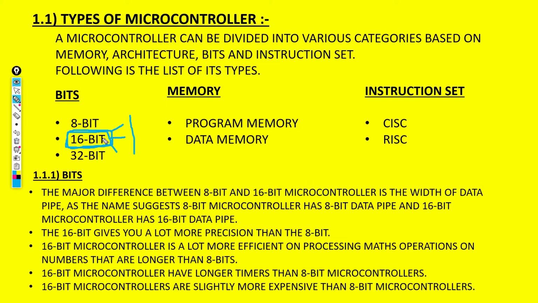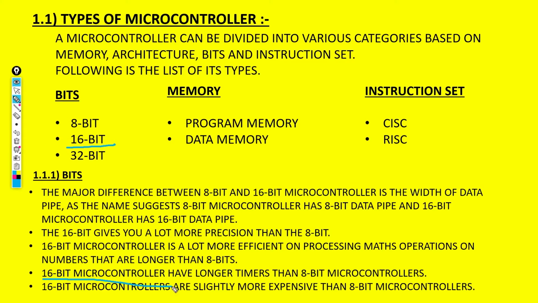So yes, it is also a plus point for 16-bit microcontrollers. The third point states that a 16-bit microcontroller is a lot more efficient at processing math operations on numbers that are longer than 8 bits. As I have told you, numbers which are longer than 8 bits can be processed easily on 16-bit.